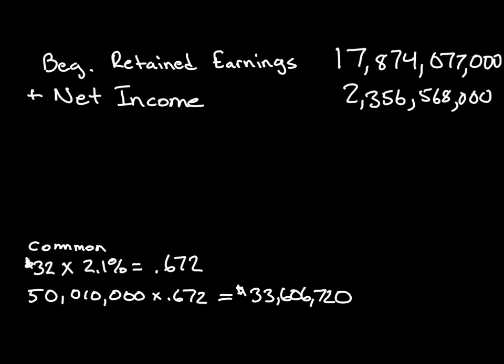So at the time of the issuance of the preferred, we need to take the amount, the par, plus the paid in excess, and divide that by the amount of shares outstanding to find out how much each share was.